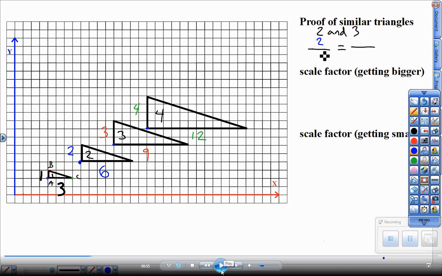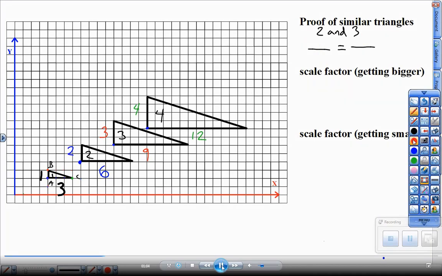So I'm going to show you some patterns I could choose. I could go 2 over 6, the height over the length of the small one, as long as I set that up as the height over the length of the big one. That's true. That's 1/3. That's 1/3. Other ways I could do it. The third word is toy. Toy.